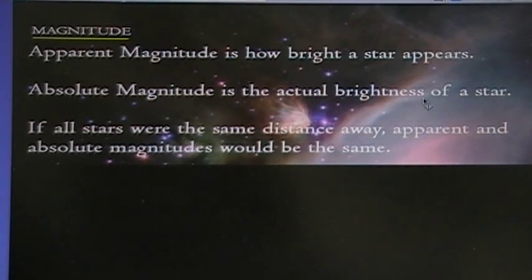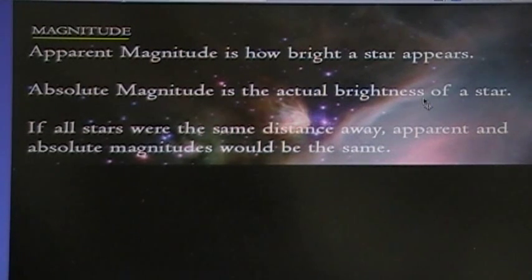Then we get to the second one, absolute magnitude. Absolute magnitude is the actual brightness of a star. This is if we take all the stars and put them at the same distance away from us, and we were able to look at them, this is going to show which one is actually brighter.